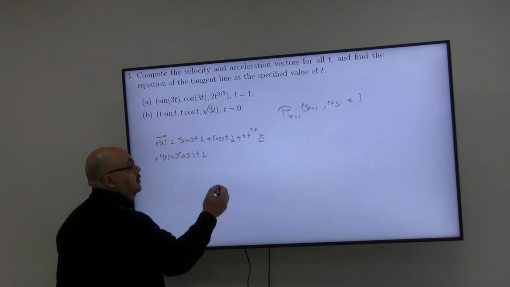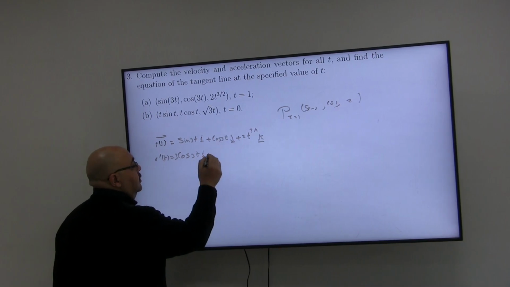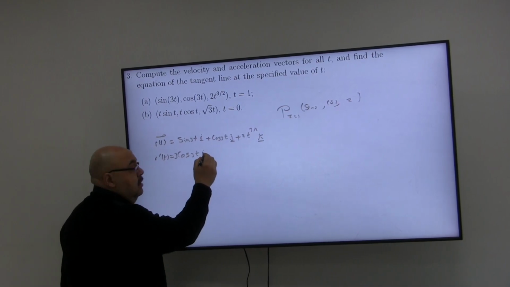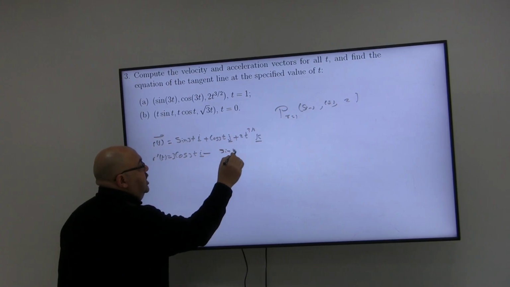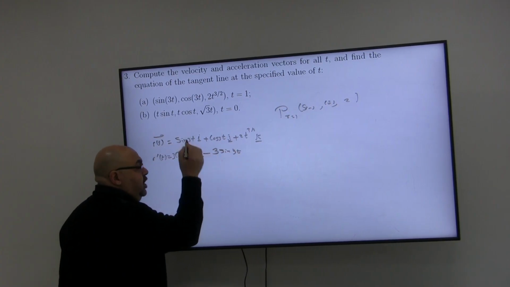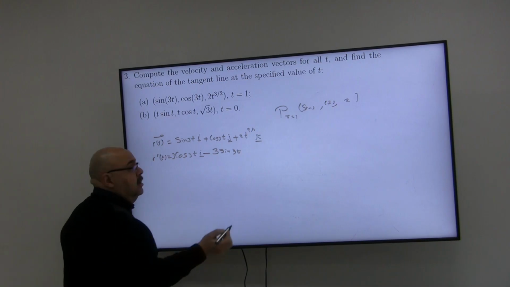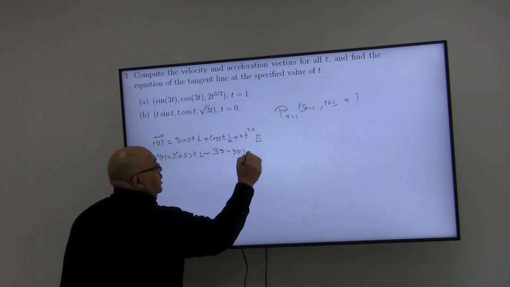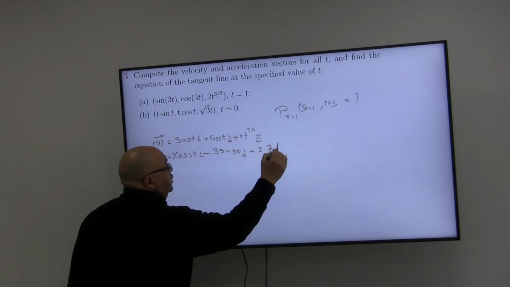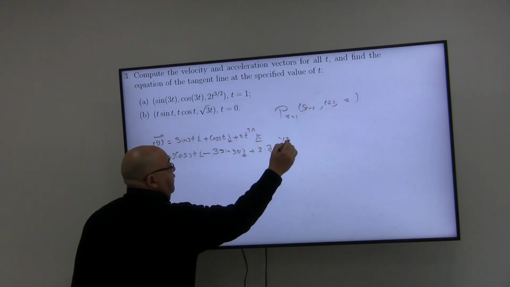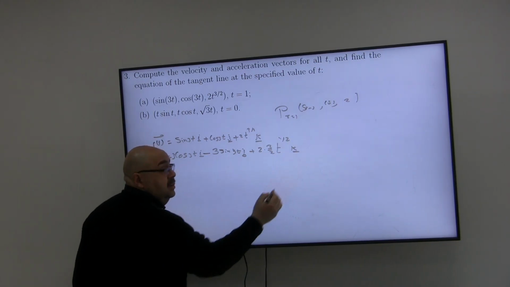Negative sine 3t times 3. Am I right? Then in the direction of j, plus, differentiate this one, it's going to be 2 times 3 over 2 times t to the power of half. Am I right? This is k.